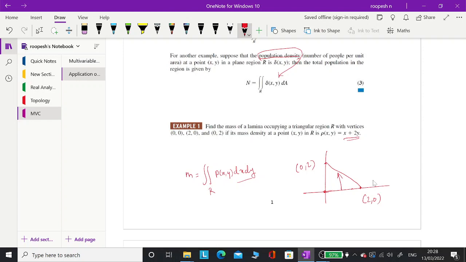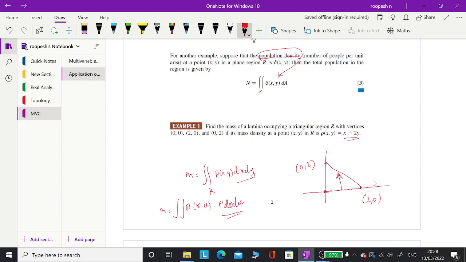For ease we can go for polar form also. In polar form, m equals the double integral of rho(r, theta) times r dr d theta.